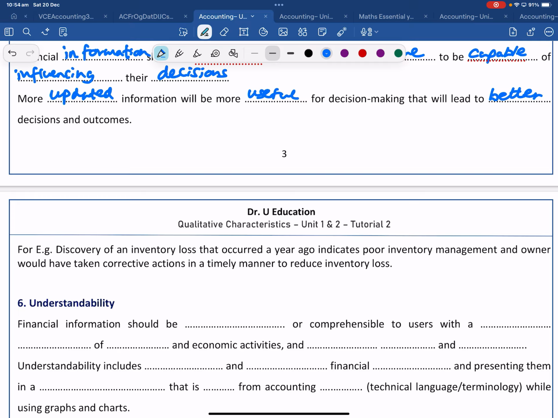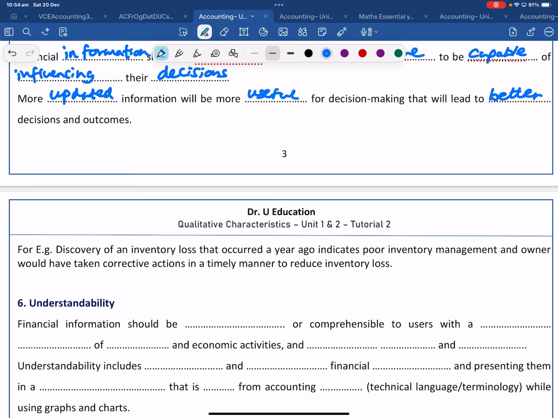Had that inventory loss been disclosed, the owner would have taken corrective action. But that happened a year ago. Now it is too late. Probably the inventory loss would have reoccurred, which the owner could have stopped by taking corrective action.